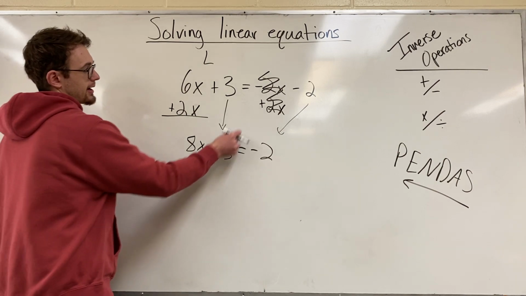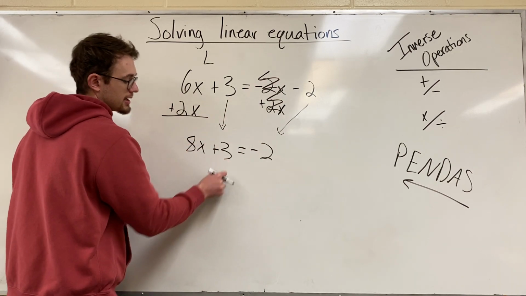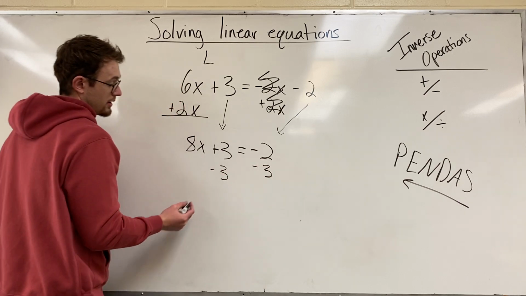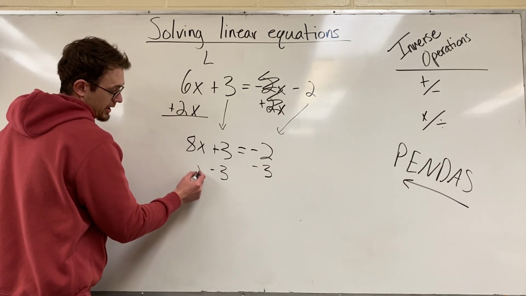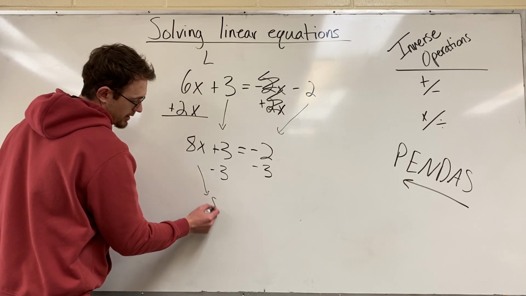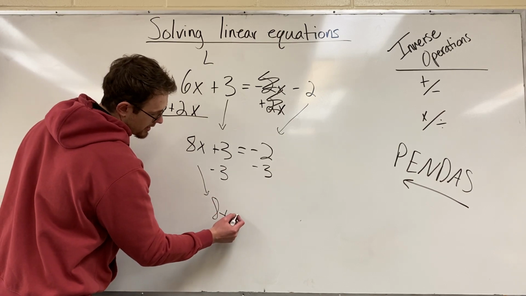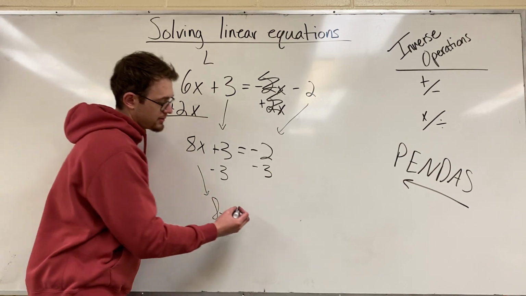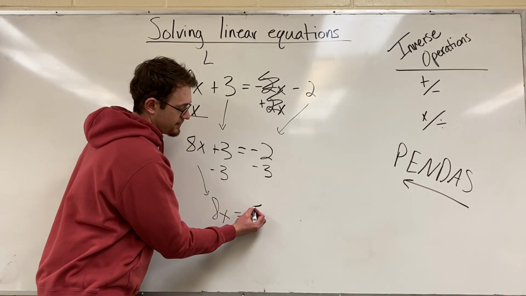Well, now I've canceled out the x's, now I need to cancel out 3. So minus 3, minus 3. So I'm going to drop my 8x down, so I got 8x equals negative 2 minus 3 is negative 5.